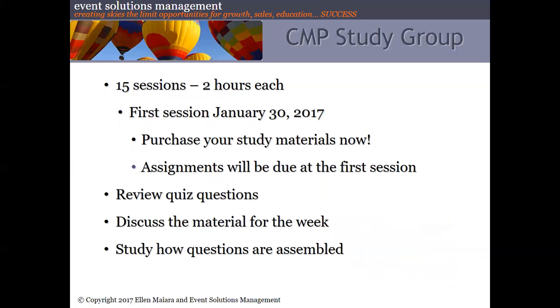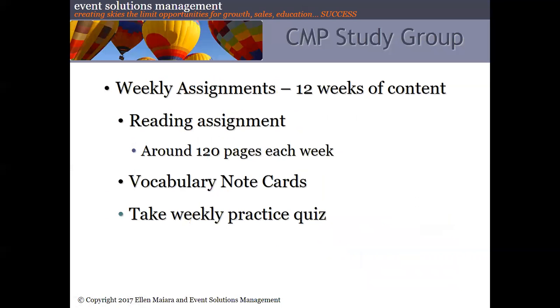So the study group breaks out into 15 two-hour sessions. Again, first session is August 1st at 8 p.m. Eastern. In each session, we review quiz questions. We just discuss material that you will have read for the week, and we talk about how the exam is assembled. So the group itself kind of breaks down into 12 weeks of content in which you'll have homework assigned at 120 pages to read each week, vocabulary note cards, and you'll take a weekly practice quiz.